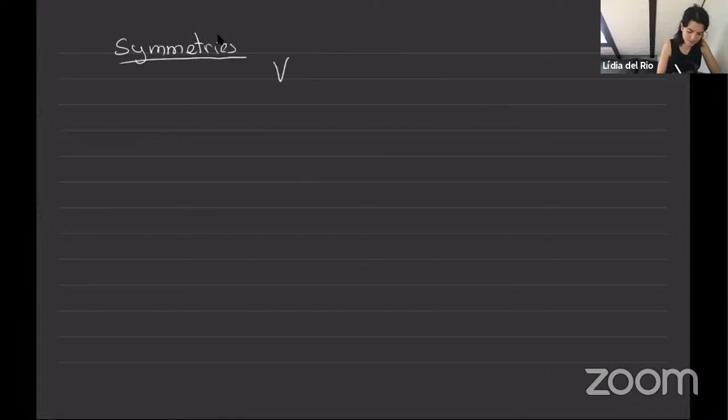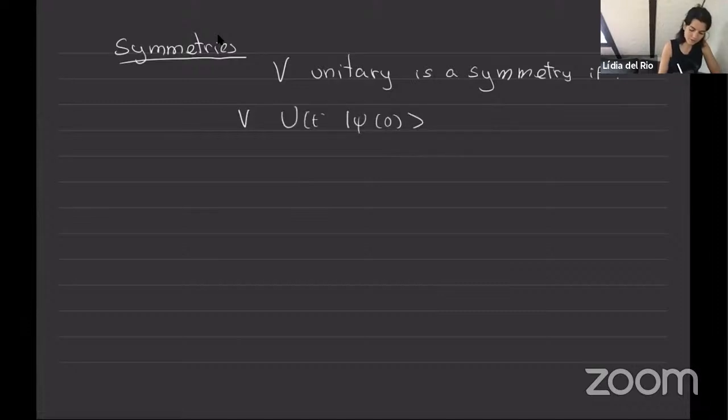And this is applied to a unitary matrix, V is a symmetry with respect to some evolution if we take our initial state, we evolve it, and this is the same as, sorry, I'll explain it in a second, let me write.